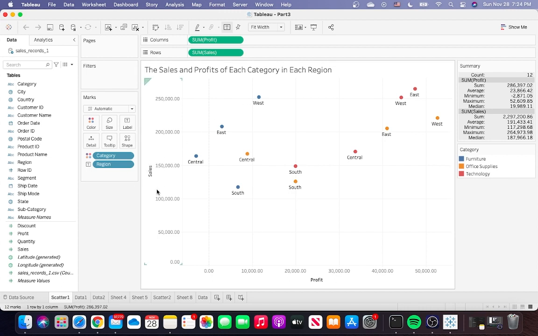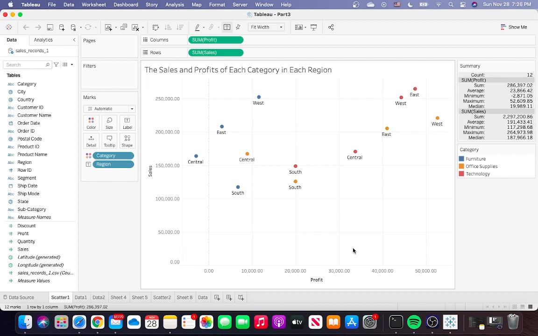We have two dependent variables, the sales on the y-axis and the profits on the x-axis, and two independent variables: the category, consisting of furniture, office supplies, and technology, and the regions, consisting of west, east, south, and central.